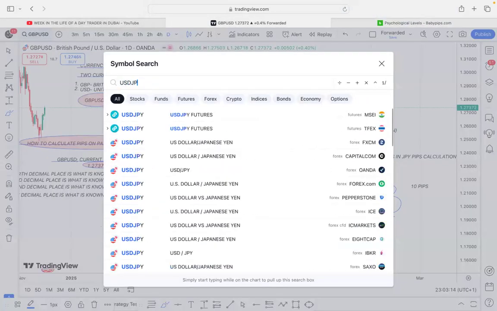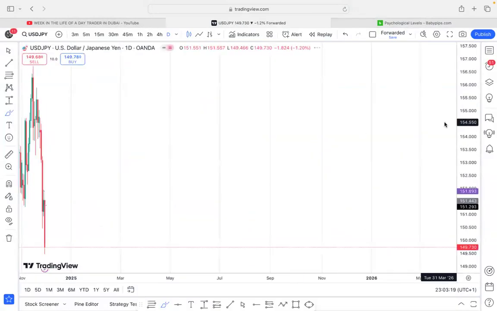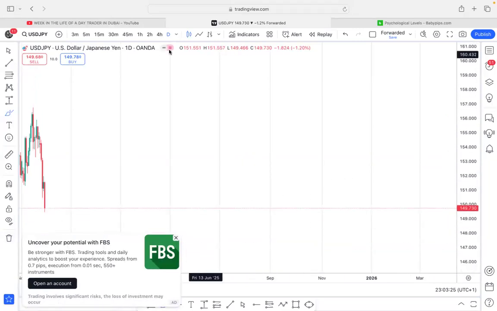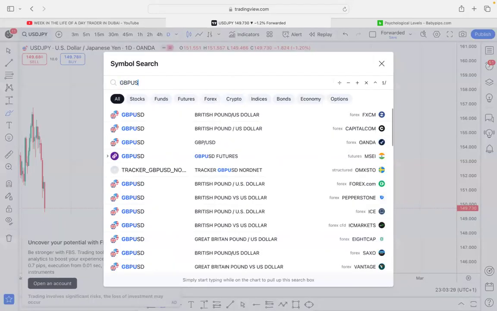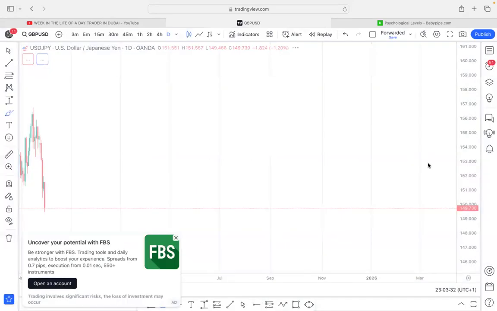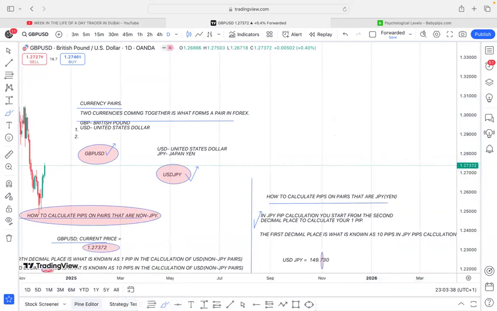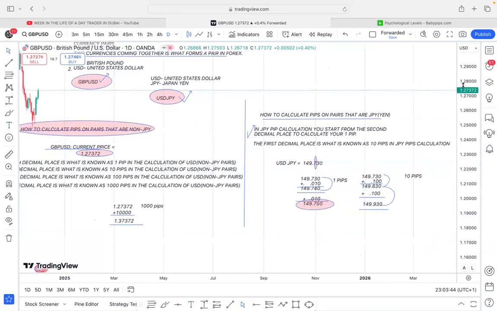We just talked about how to calculate pips on USDJPY, and we use, for example, the current price, right? Let me go back to my chart and show you guys. Like I said, we calculated the 10 pip movement, right?